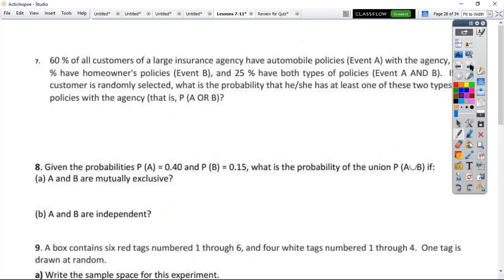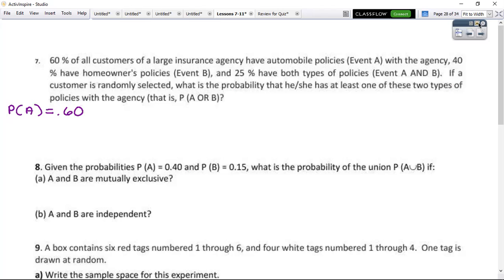That is event A. So probability of event A is equal to 0.60. I would strongly recommend when you read a question to do little things like this on the side to make it easier for yourself. Event B is 40%, so probability of event B is equal to 40%.